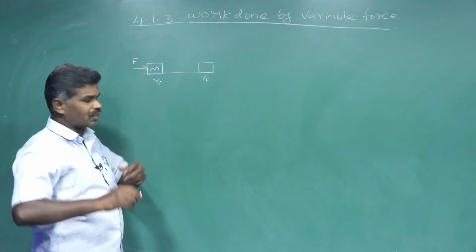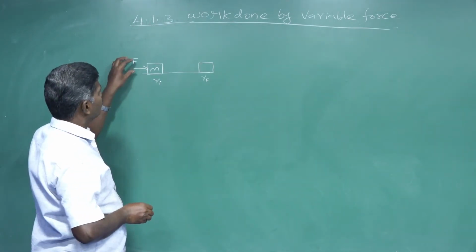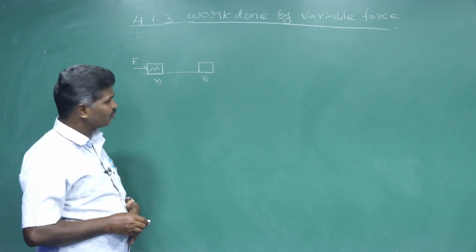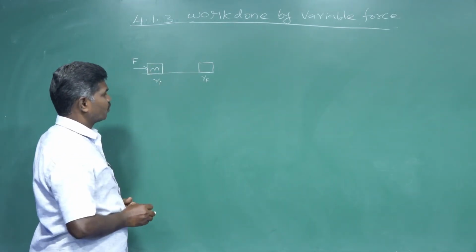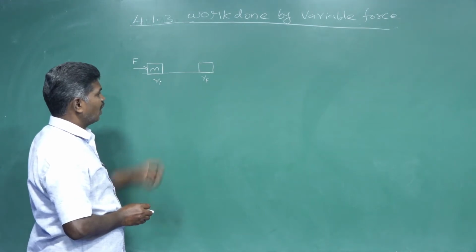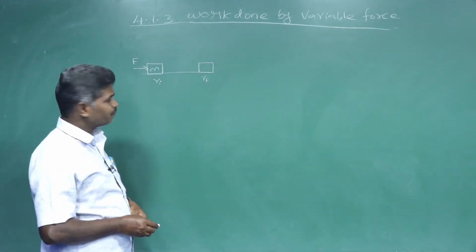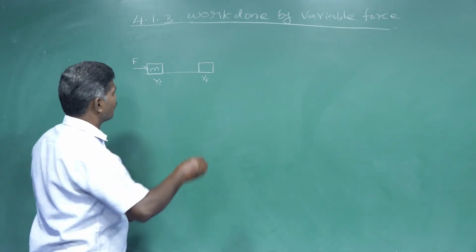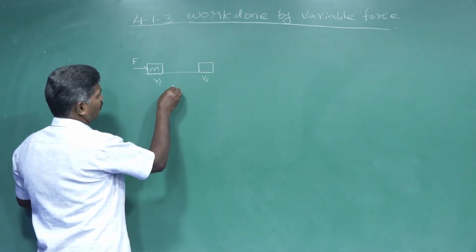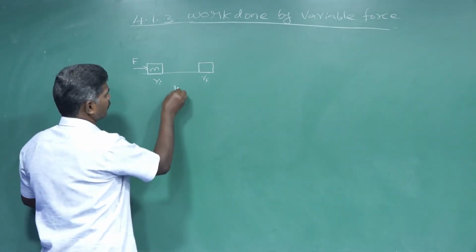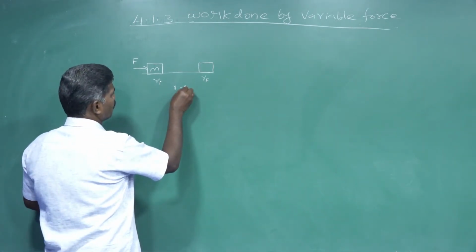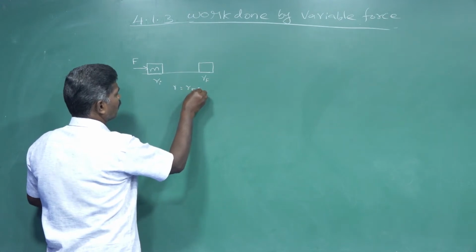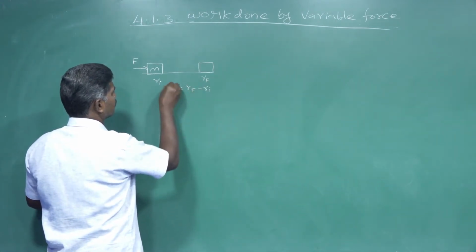So what we can say is, this force does work to take the object from one position to another position. There we have a displacement. That displacement can be taken as R, that is equal to total displacement. R is equal to Rf minus Ri.